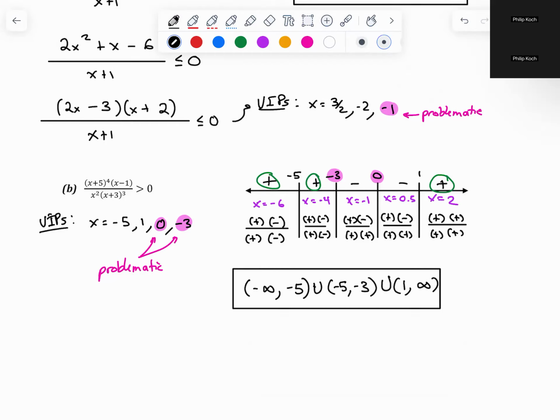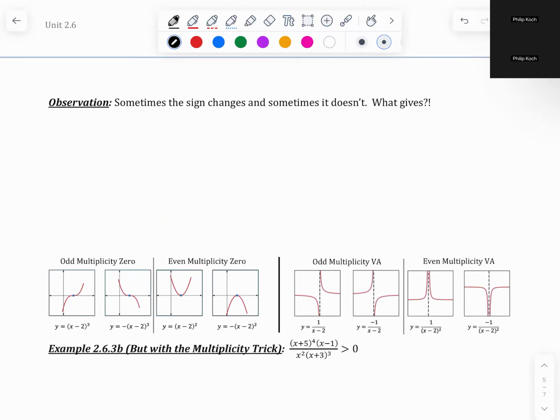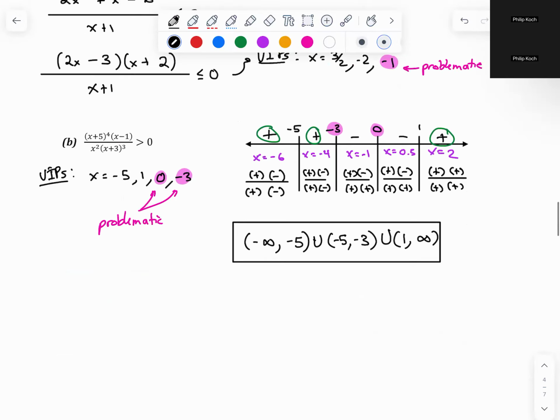So in the interest of time, I'm going to skip the multiplicity trick. I'll keep that up here for a second. The multiplicity trick is pretty nifty. You still need to test one value on the left-hand side, but then you can use multiplicity to figure it out. We know with an even multiplicity, like -5 has, it'll bounce. So it'll stay positive.